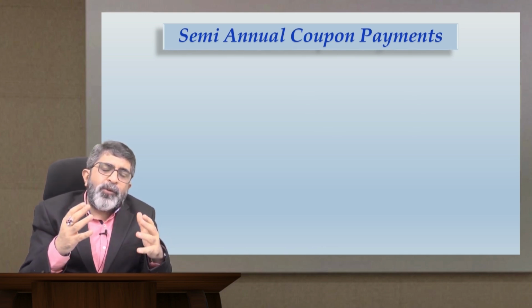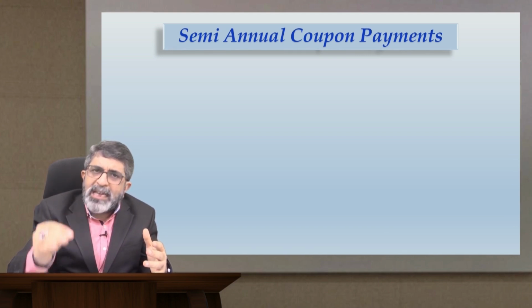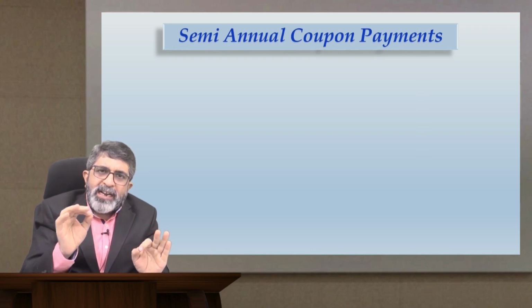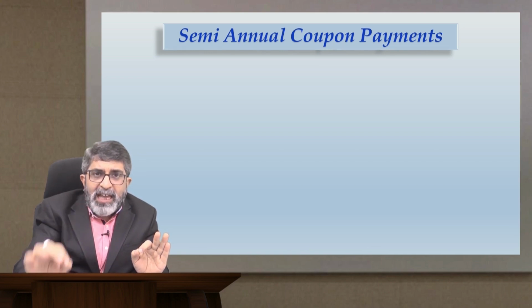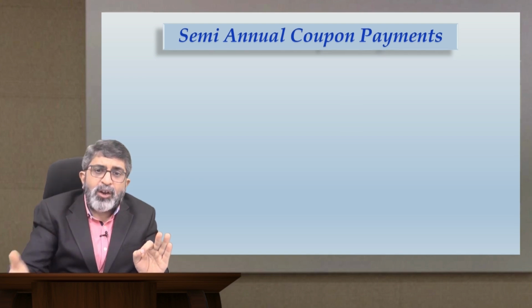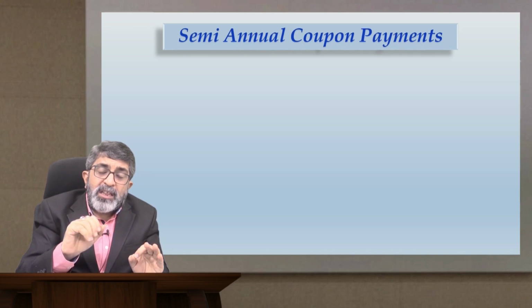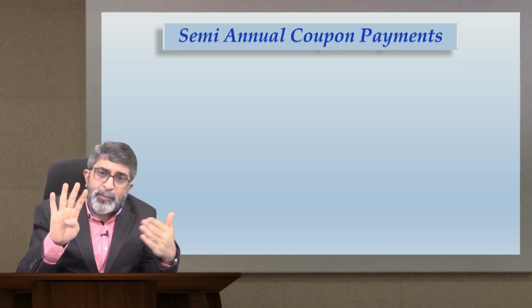So how do we go for valuation of semi-annual coupon paying bonds? Very simple. You identify the bond's life or the remaining tenor of the bond, suppose it is 2 years. Then the bond is going to pay 4 semi-annual payments.